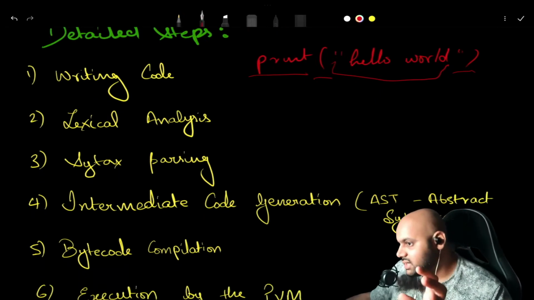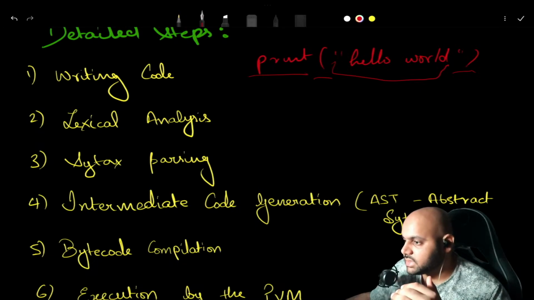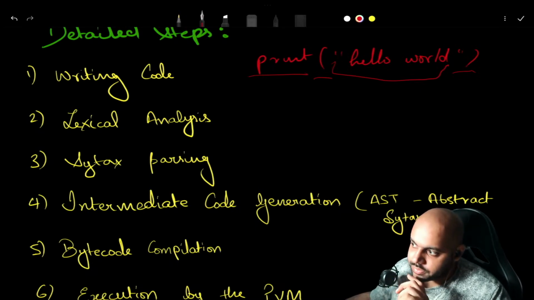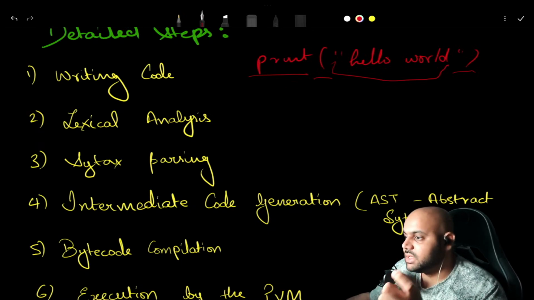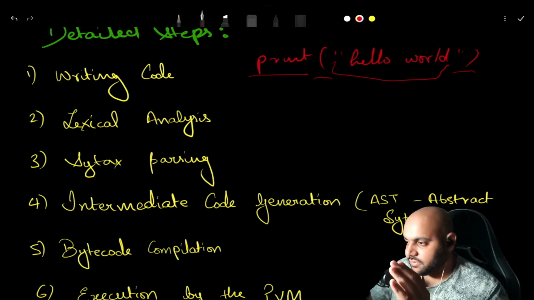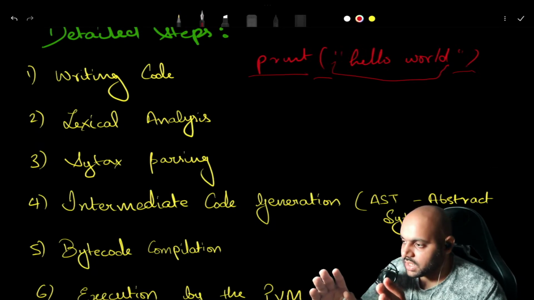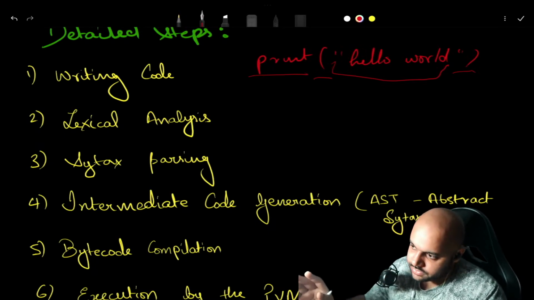The syntax parsing is after tokenization. Python goes through the process of parsing. This step checks if the code is following Python's grammar rules. Every language has its own set of grammar rules.